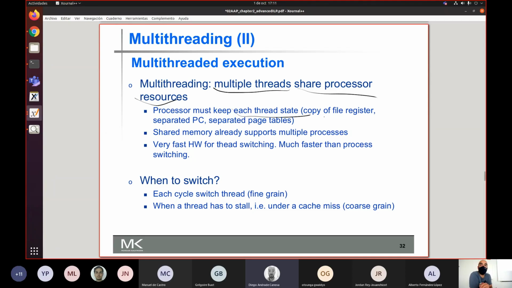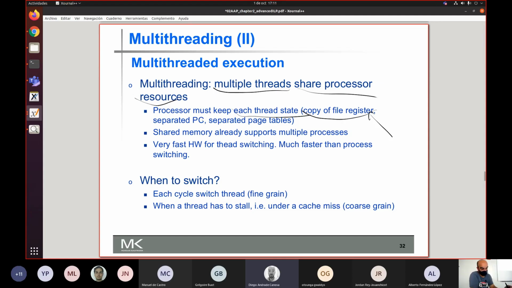For instance, the register file, you know what the register file is? It's the piece of hardware where the values of the different registers are stored. If you change from one thread to the other, the value of register F0, for instance, can be different. So this is part of the state of the processor associated to a thread.